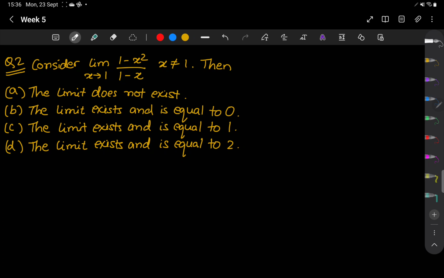Take a few minutes to answer. It's always a good practice to try and answer the question before we discuss the solution.